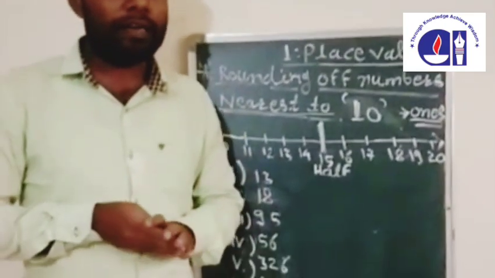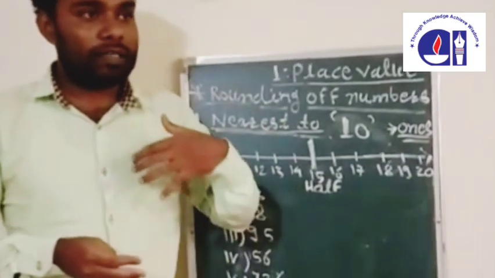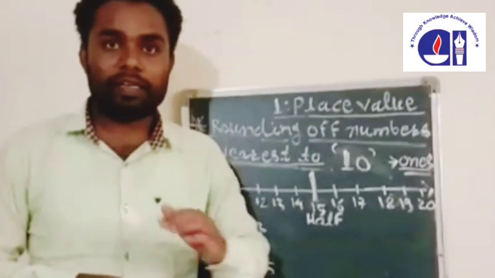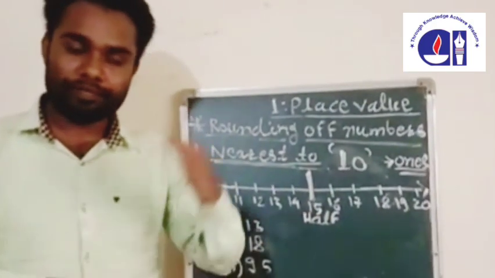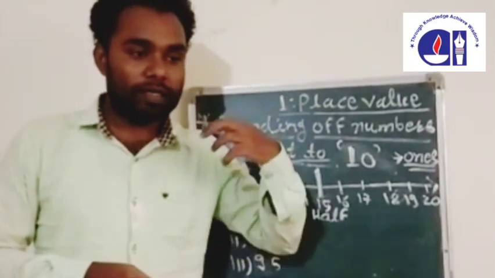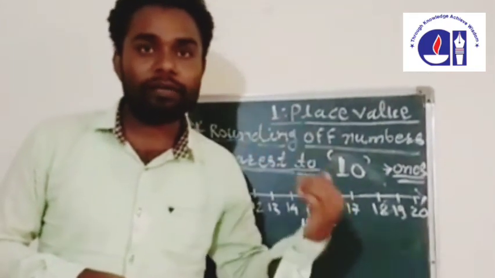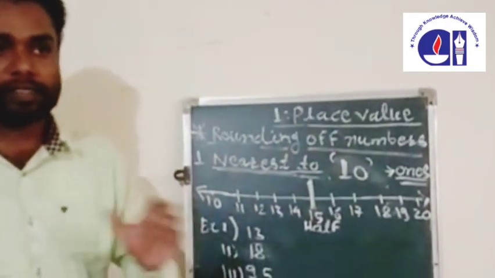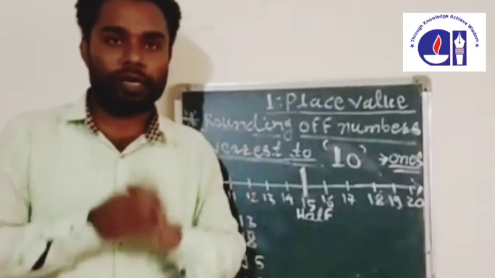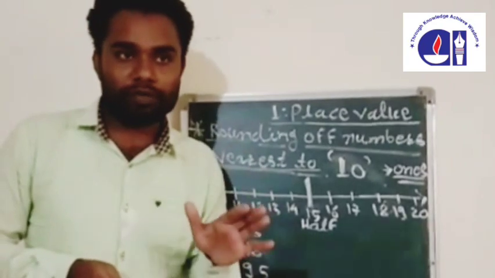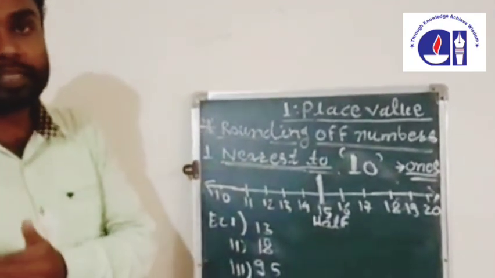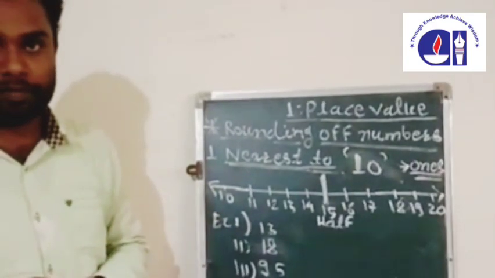The same applies to 100. For example, if you get 87% in an exam, and your relative asks how much percentage you got, sometimes you do not say 87, you approximately say the next 10, that is 90.